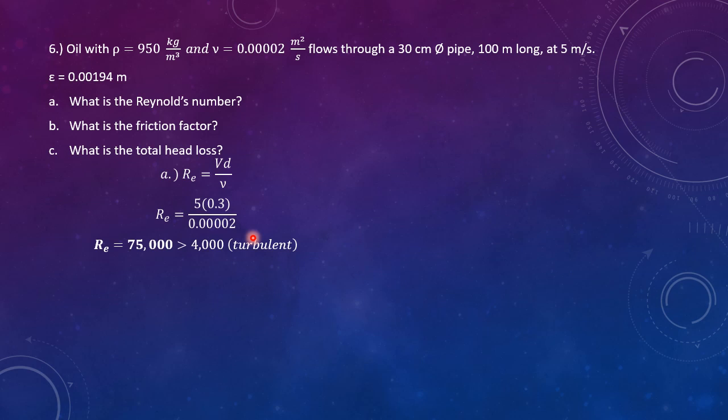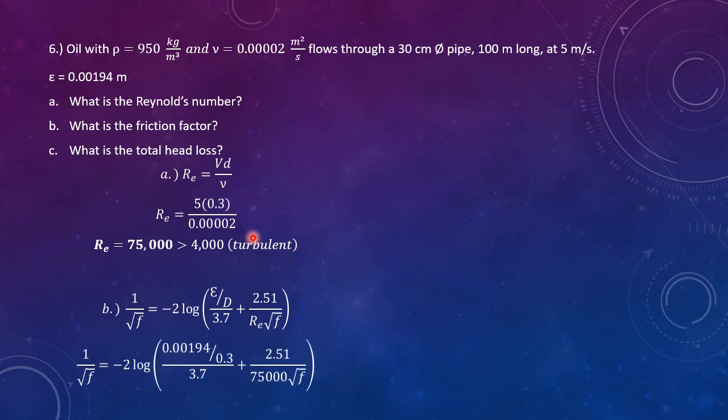And since it is turbulent, for the friction factor, we will be using the Colebrook equation. And substituting, our e is 0.00194 meter, our D is 0.3 meter, our Re, which we just computed, is 75,000.